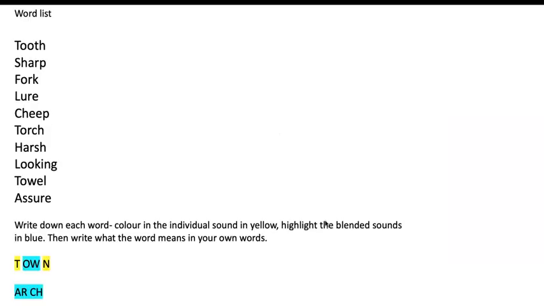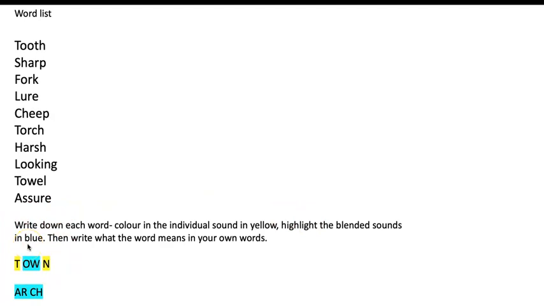This is your activity that you are going to do. You are going to have a look at the words tooth, sharp, fork, lure, cheap, torch, harsh, looking, towel, and assure. Some tricky words in there. You are going to write them down for me like we have down here, and you're going to highlight the sounds that are individual letters.